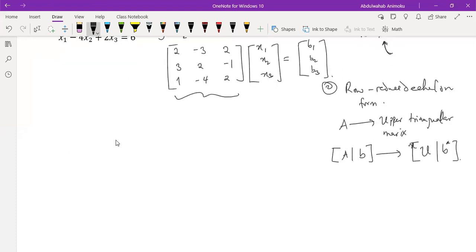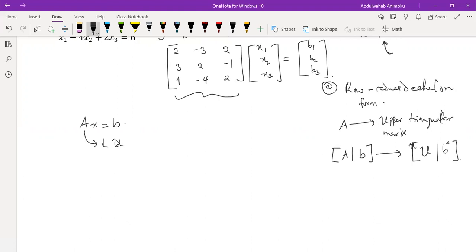So what is LU? Because it's costly to compute this A inverse, what we do is decompose this A into two simpler matrices, which is called LU.